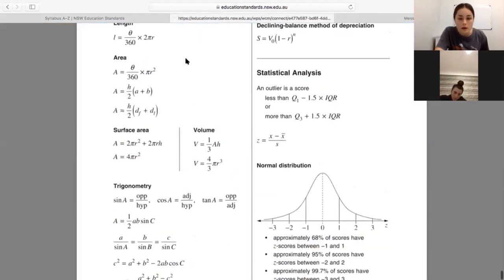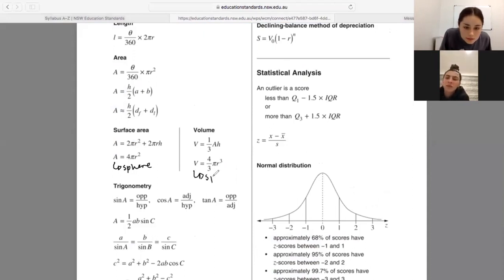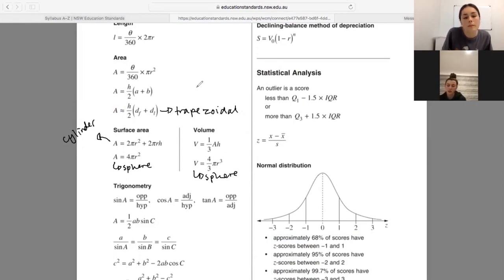All right, so we've got this one here is sphere. This one here is sphere. That one there is cylinder. This one is trapezoidal. This one, okay, that's Z scores, we know that.